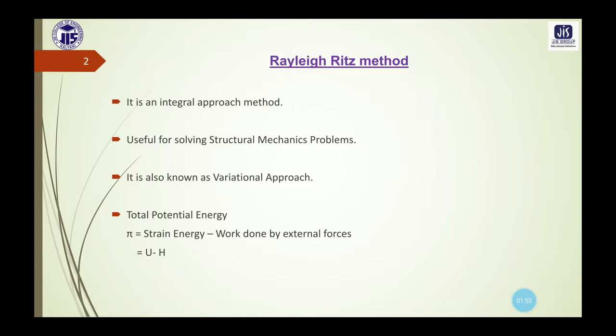It is the strain energy minus the work done by external forces. So the formula is capital U minus capital H. This formula will be required to solve the numericals based on the Rayleigh Ritz method. Pi equals U minus H: the potential energy equals the strain energy minus the work done by external forces.